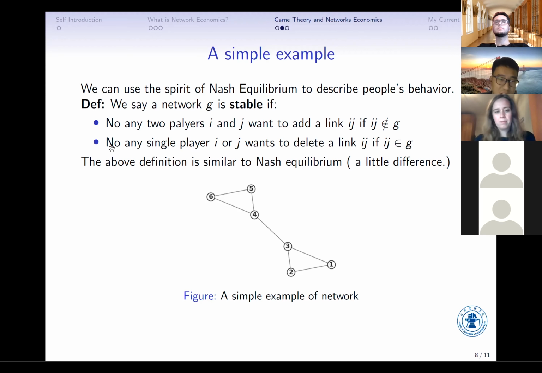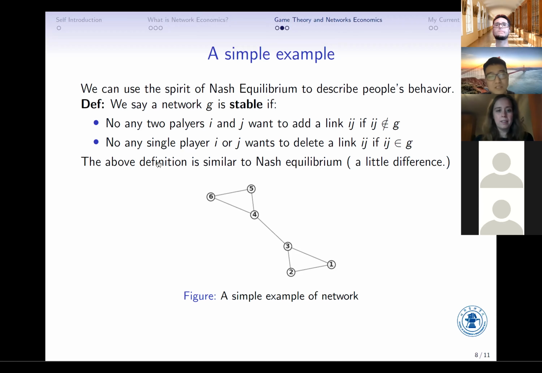And the second condition is that no single player I or J wants to delete a link IJ if IJ is in G. For example, if the network G is stable, player 6 doesn't want to delete the links 6-5 and 6-4.